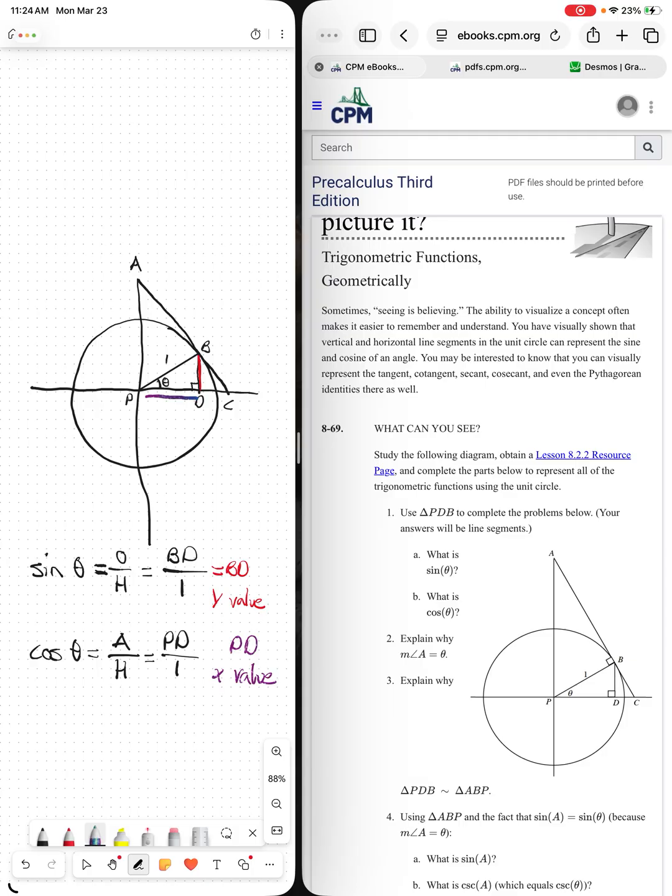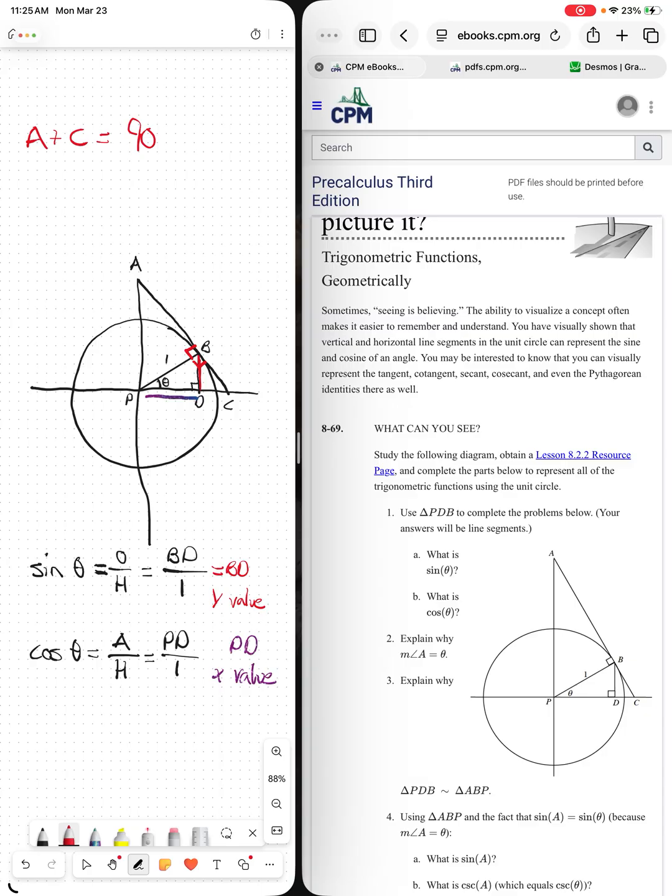Explain why angle A is theta. If we're looking at understanding triangles, we should know that this angle is 90 degrees. So angle A and angle C, A plus C, have to equal 90 degrees. Let's take angle C, for example. We know this is 90 degrees, which means so is this.